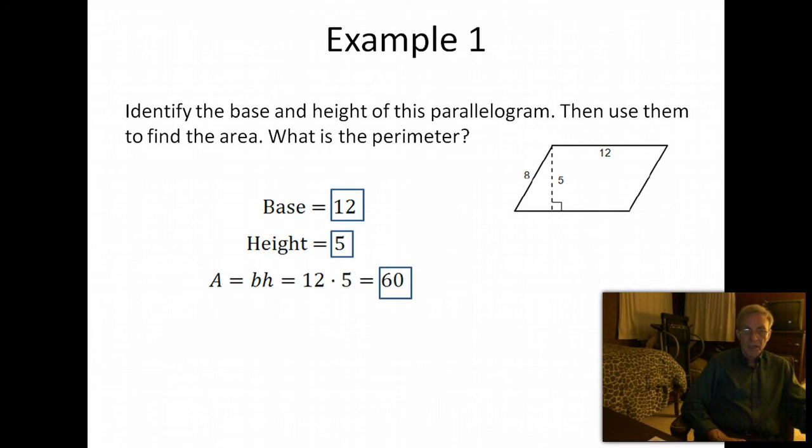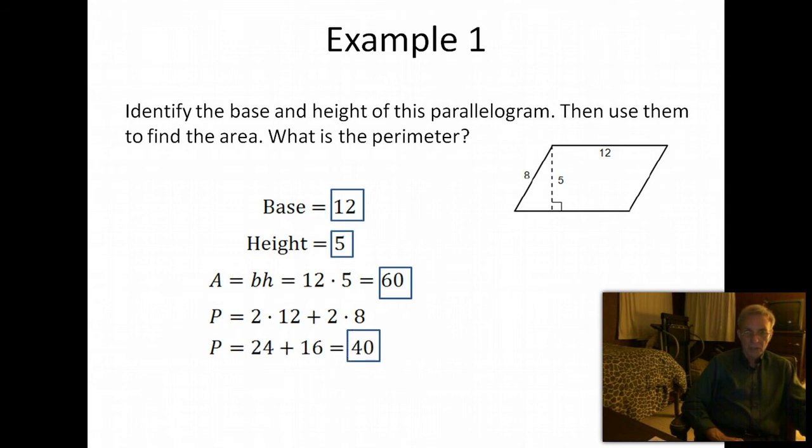So the area is going to be the base times the height, which is 12 times 5, which is 60. And then to find the perimeter, we have two of the sides that are 12 and two of them that are 8. So it's 2 times 12 plus 2 times 8, which gives us 24 plus 16, which is equal to 40 units.